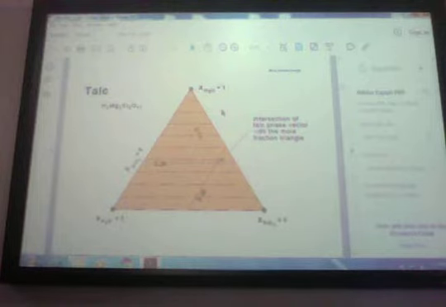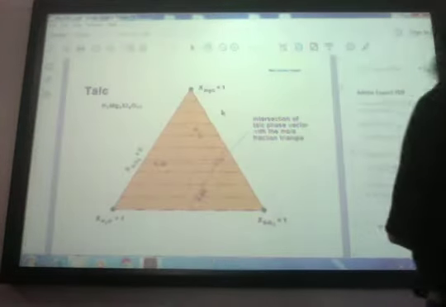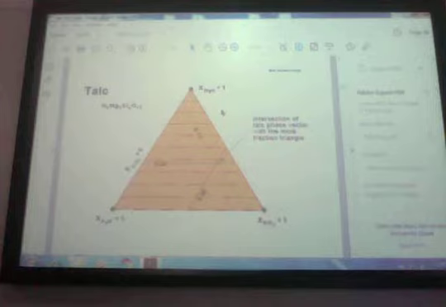Because if you are adding this plus this plus this, then you must get a number of 1. Yeah? So then you must get roughly 1, because we have rounded up and rounded down.